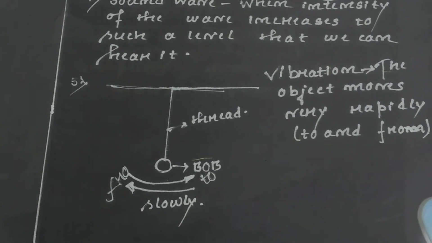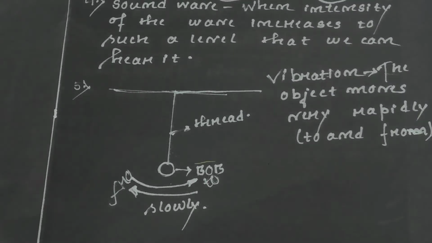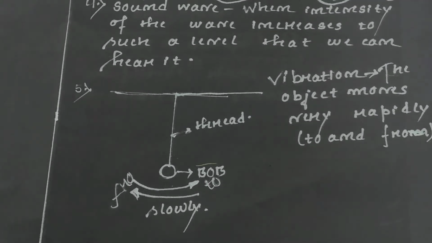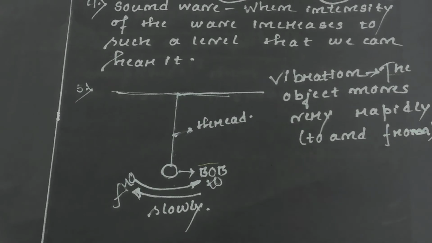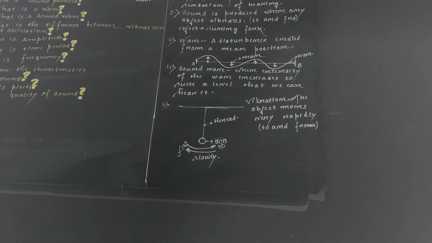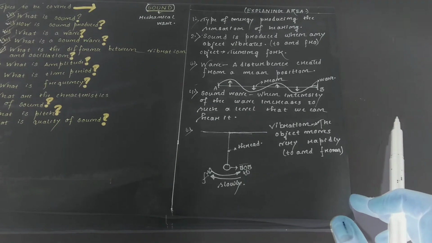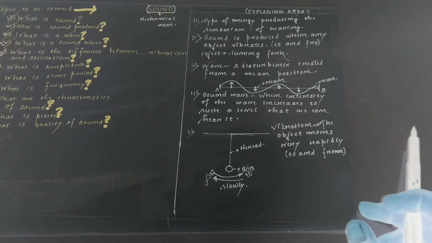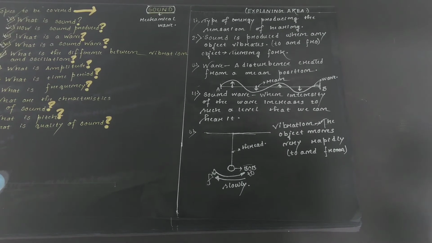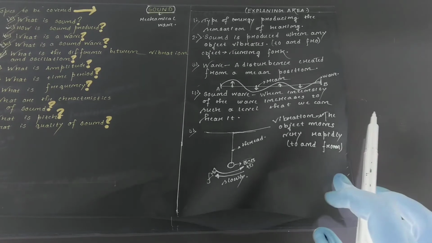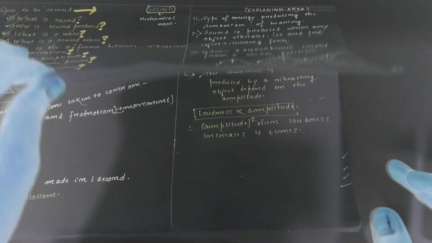So the basis is just speed. So we have covered these topics here: what is sound, how is sound produced, what is wave, how is wave produced, what is sound wave, how is sound wave produced, and what is the difference between vibration and oscillation.